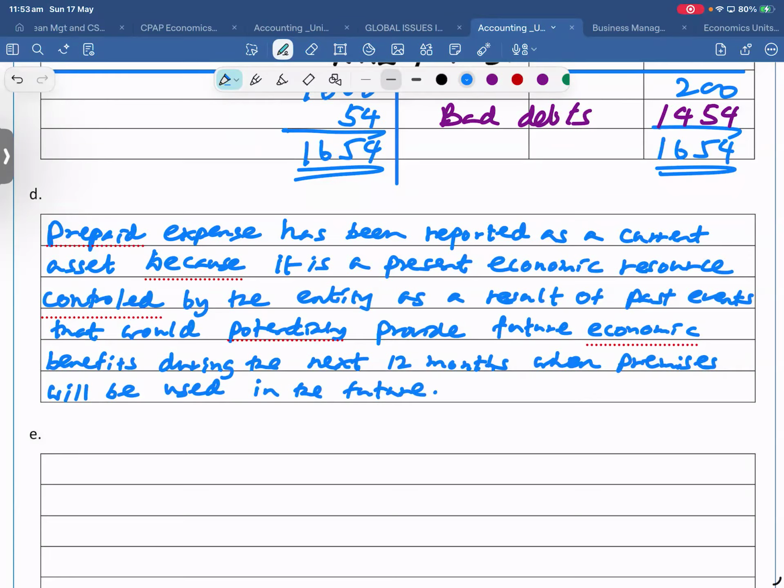So after that would, then for provide future economic benefits, potentially. Not clear. Potentially.